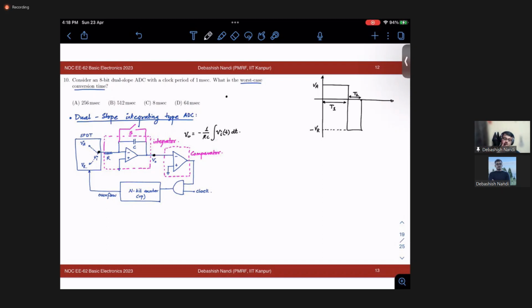Okay, this is an integrator block. So this is your VIT. Okay, this is T, and let's say this is your VOT.